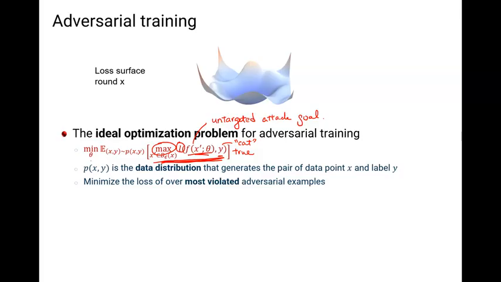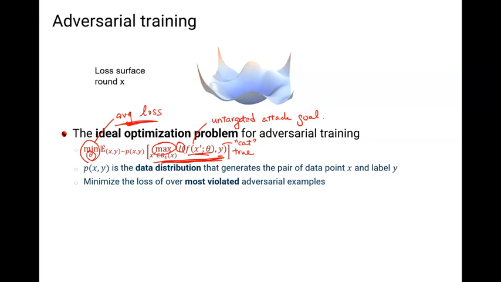But at the outer loop, we want to minimize the average loss. We want to train a model. So you can see here, we want to find model weight parameters that can minimize the average loss.